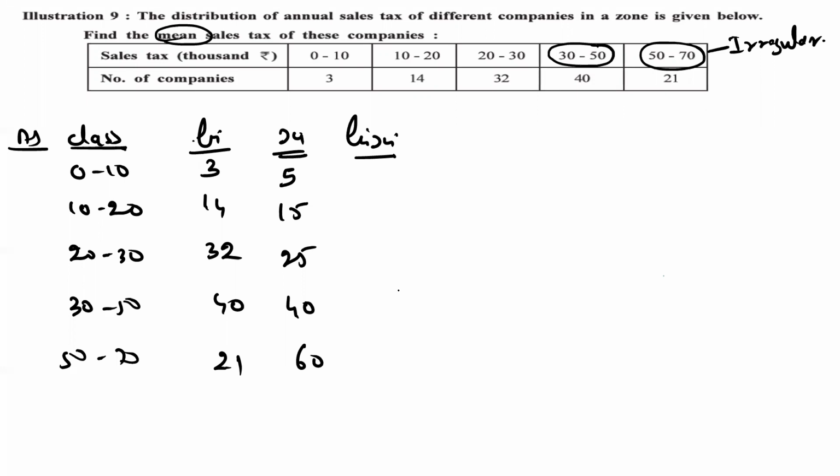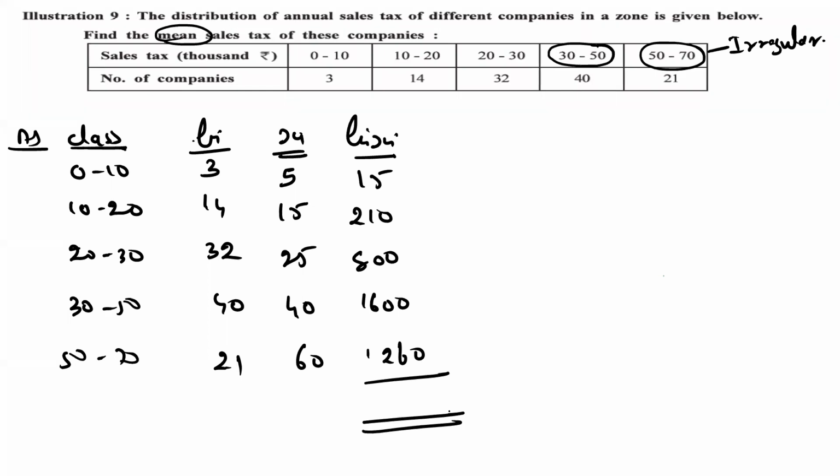Roll number 21, say the FiXi to me. 15, 210, 800, 1600, and 1260. Very fine.